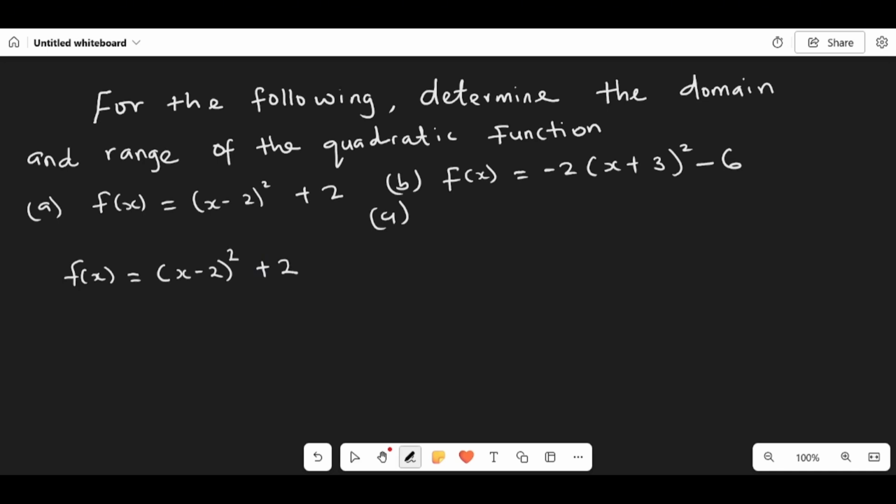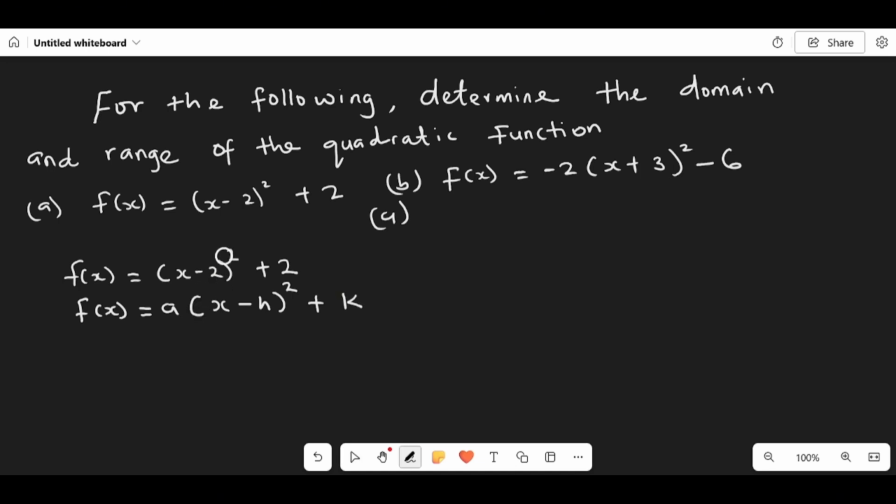The standard form of a quadratic function in vertex form can be written as follows: f(x) = a(x - h)² + k.